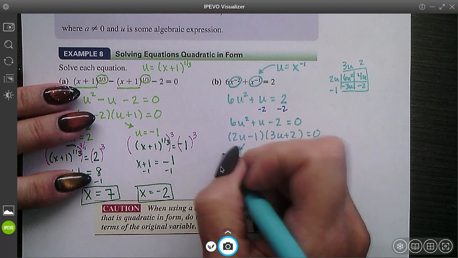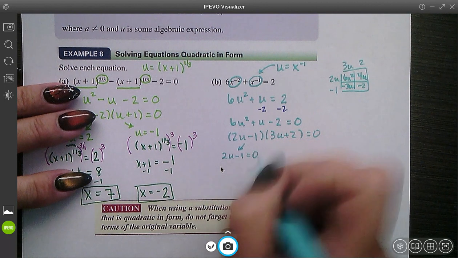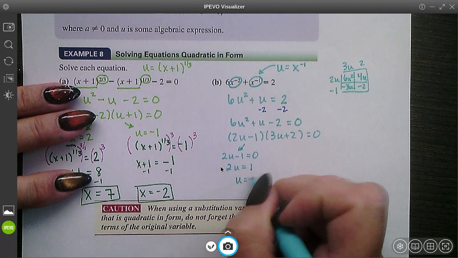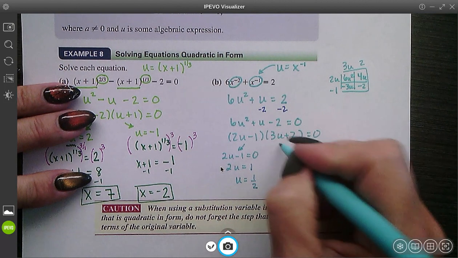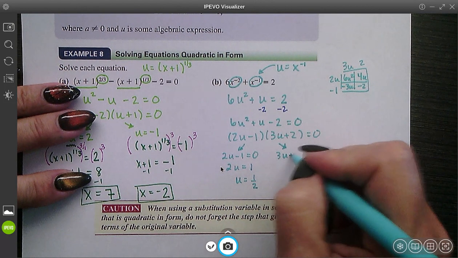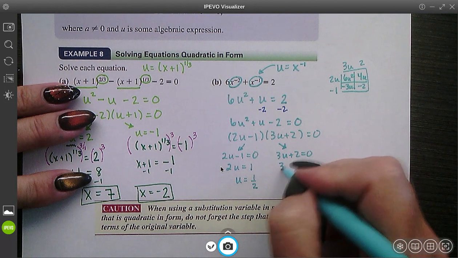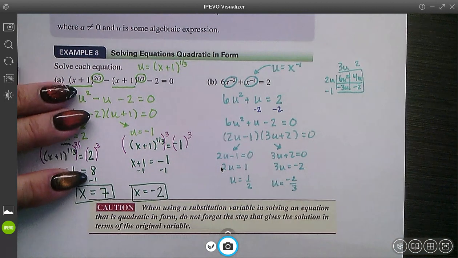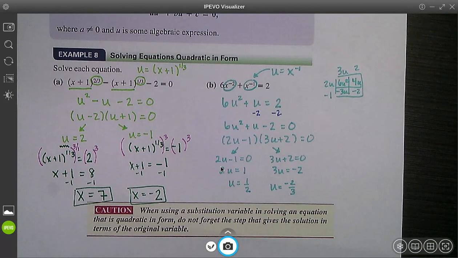Then setting each one of those equal to 0 gives me 2u equals 1. So u is 1/2, or 3u plus 2 equals 0, so 3u equals negative 2, or u equals negative 2/3. Now we're not done because I still have to go back and solve for x.